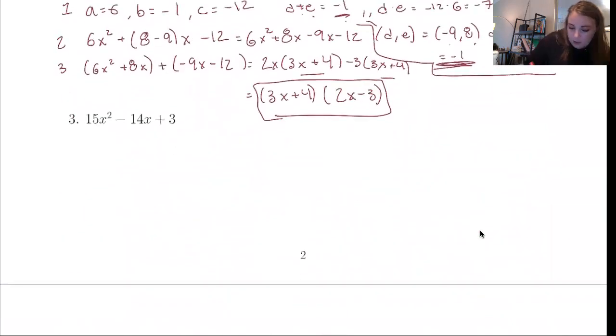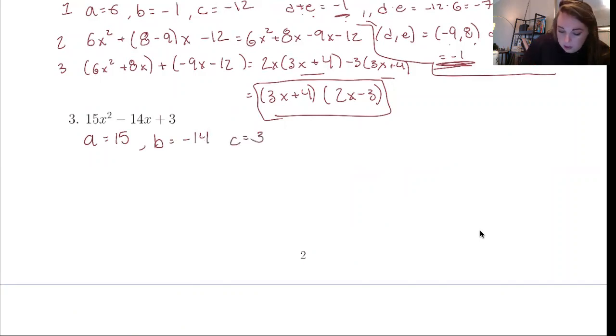All right. So in example 3, we have 15x squared minus 14x plus 3. So A would be 15, B would equal negative 14, and C would equal 3.